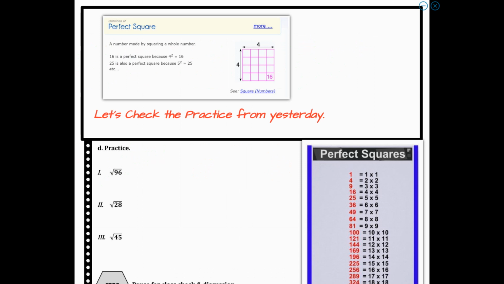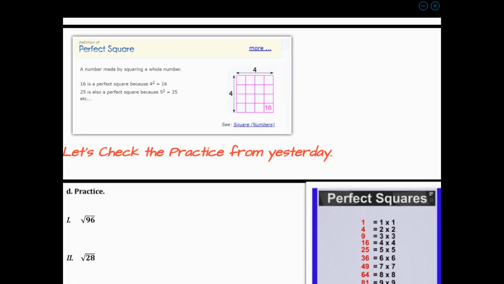Okay. So back to, well, actually, we're still on yesterday's stuff. Really quick, we covered this in class yesterday, but just in case you didn't catch it or didn't quite understand. A perfect square is the area of a square. If I have a square, then a square by definition has the same measure on both sides.